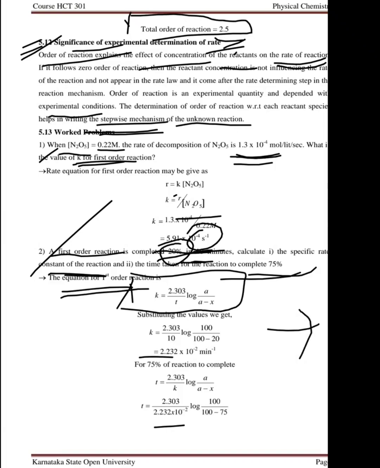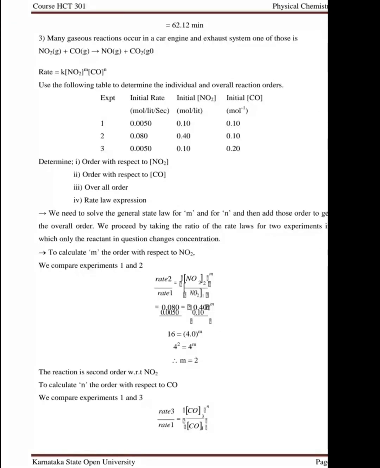They have asked for the time taken. So for completion of 75%, you are taking x as 75. By further calculation, the time taken for the completion of 75% reaction is 62.12 minutes.